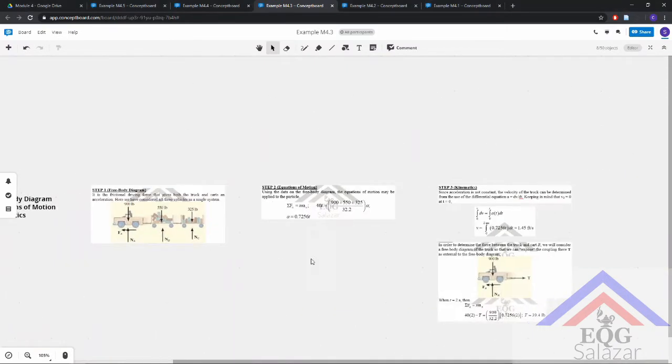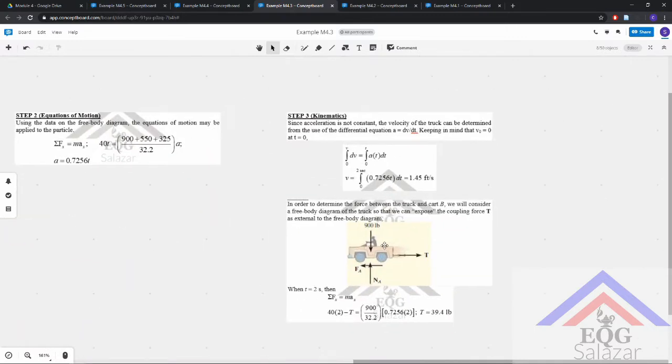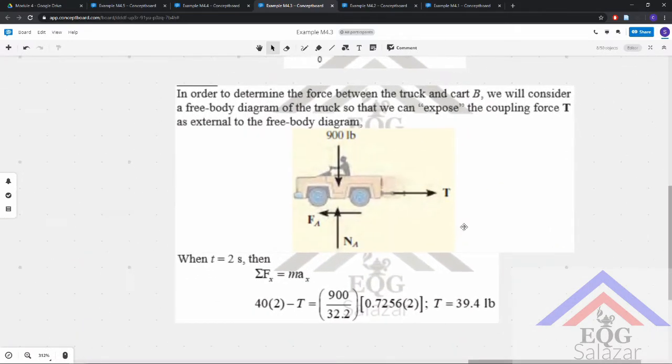Alright, so next we can determine the force between the truck and cart B by considering the free body diagram of the truck, so that we can expose the coupling force T as external to the free body diagram. So summing up forces in x will give you this equation here using the equation of motion.